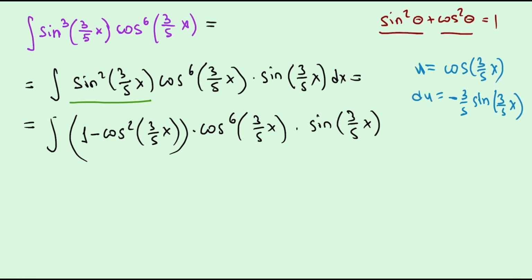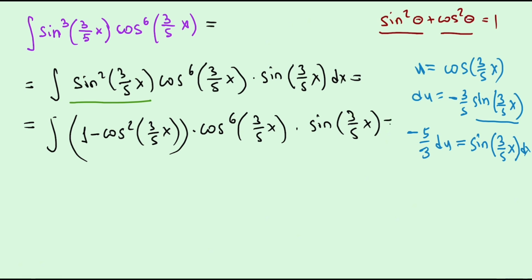So now let's rewrite this. Now let's solve for sine of 3/5 x. So this will be negative 5/3 du equals sine of 3/5 x dx.